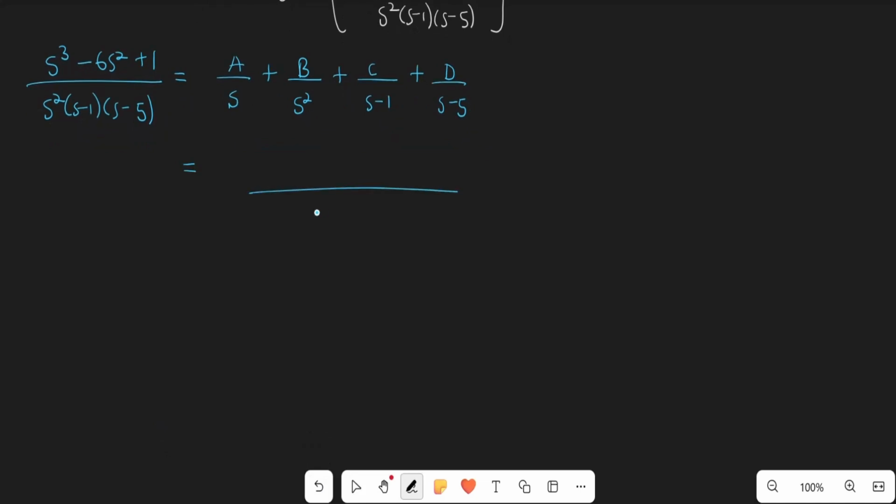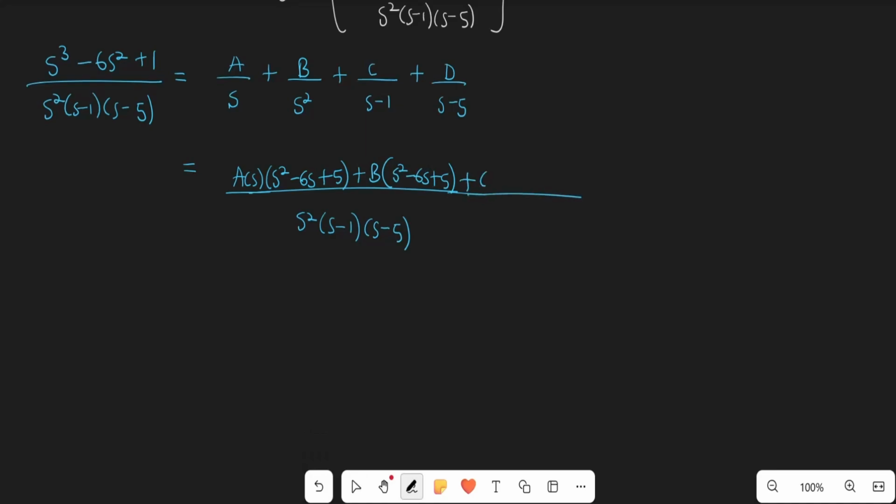So the LCM here is s^2 times (s - 1) times (s - 5). Now let's divide. This one divided by this is s multiplied by this, so that is going to be A times s times (s - 1)(s - 5), that is s^2 - 6s + 5, like this. Plus B: this one divided by this, we are left with s^2 - 6s + 5.